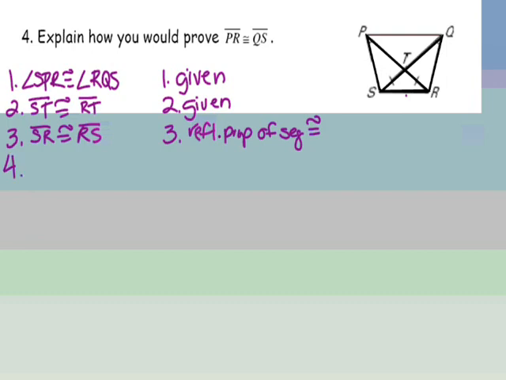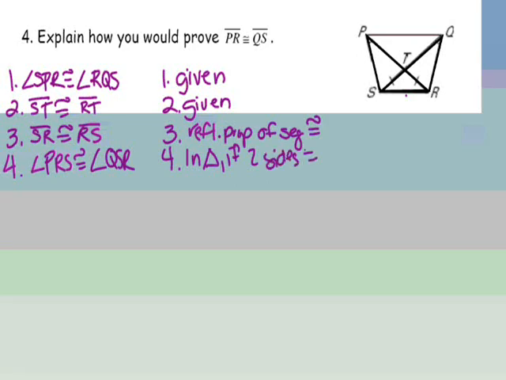So I can make the statement that angle PRS is congruent to angle QSR. And my reason for that is, in a triangle, if two sides are congruent, then angles opposite are congruent.